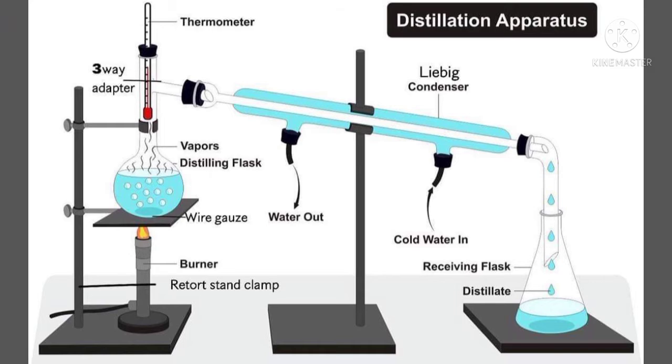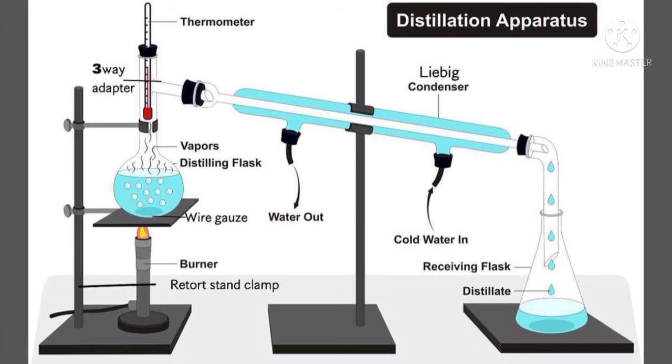A wire gauze set atop a retort stand clamp is often used under the flask to dissipate the heat and avoid overheating one area. The distilling flask or round bottom flask is attached under the fractionating column. In a fractional distillation, a mixture of liquid is boiled and the resulting vapors travel up a glass tube called a fractionating column and separate.